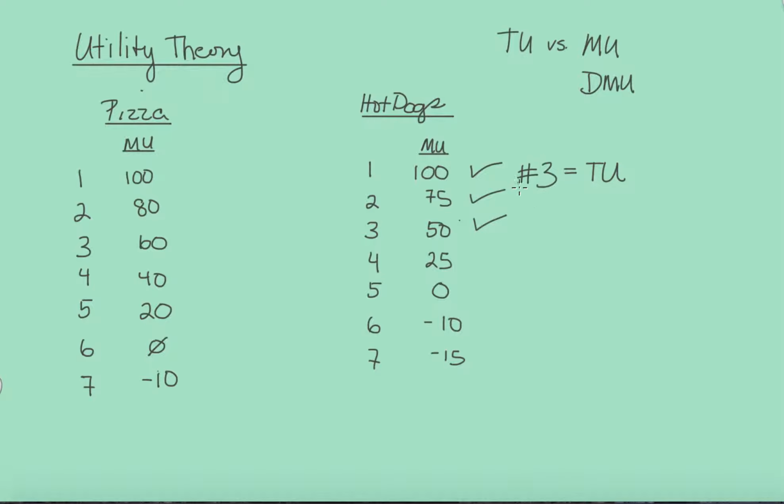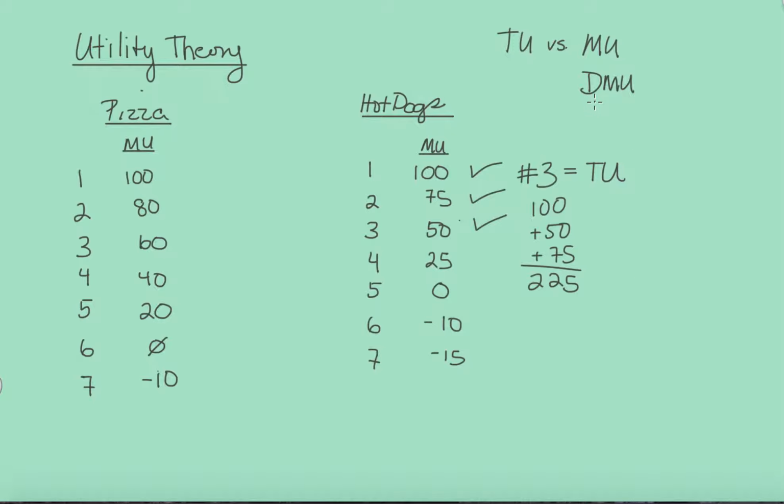Or we can say his individual utility of 100 plus his utility of 50 plus his utility of 75. Sometimes I do it out of order. But we would be able to say that his overall satisfaction of 225 units is his total utility.